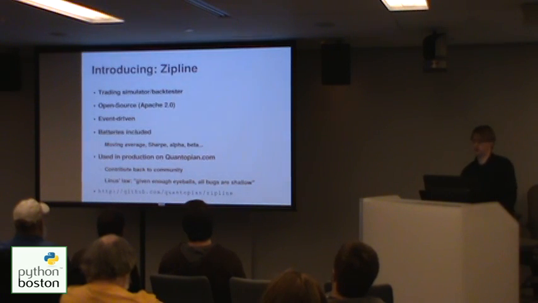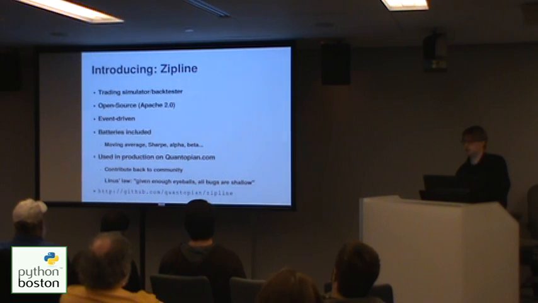So what is Zipline? As I alluded to, it's a trading simulator that allows you to backtest your financial trading algorithms. It's totally written in Python. It's released under Apache license. The whole system is inherently event-driven.